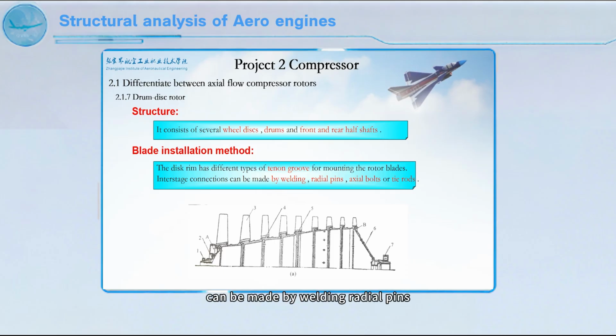Interstage connections can be made by welding, radial pins, axial bolts, or tie rods. The centrifugal force of the rotor, blades, discs, and drums is borne by the discs and drums together, and the torque is transmitted to the discs and rotor blades step by step through the drums. The lateral rigidity of the rotor is guaranteed by the drums and connecting parts.